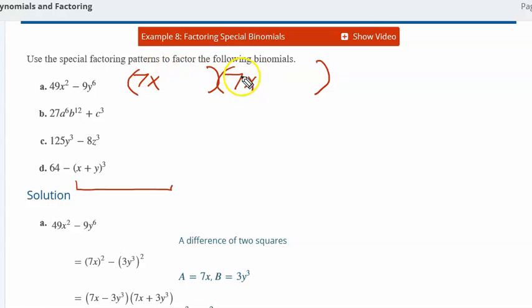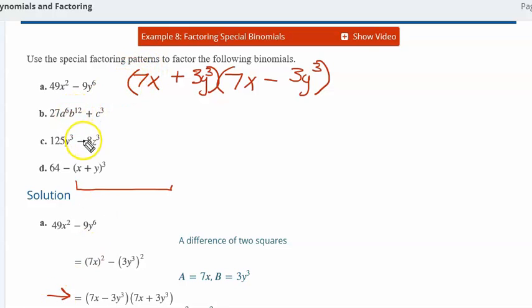We just need the first and the last. Now this is going to be a 3y to the third and a 3y to the third, and one will be plus and one will be minus. And I think they have that one. We can actually see it right there.